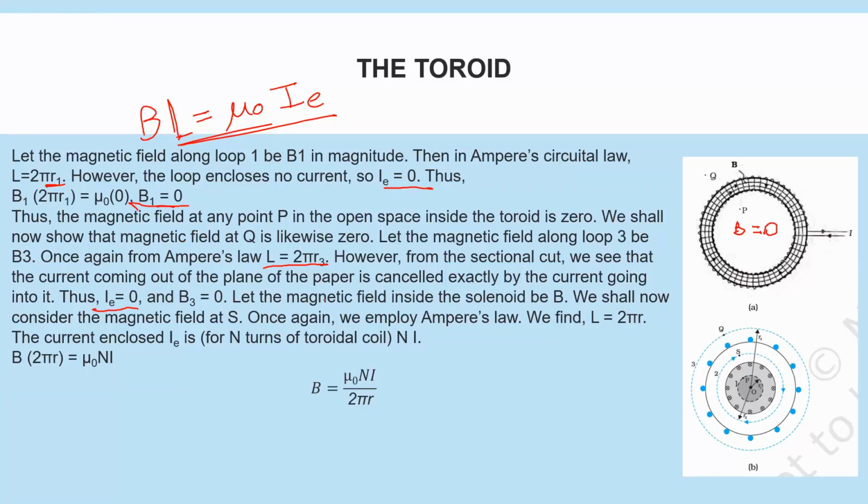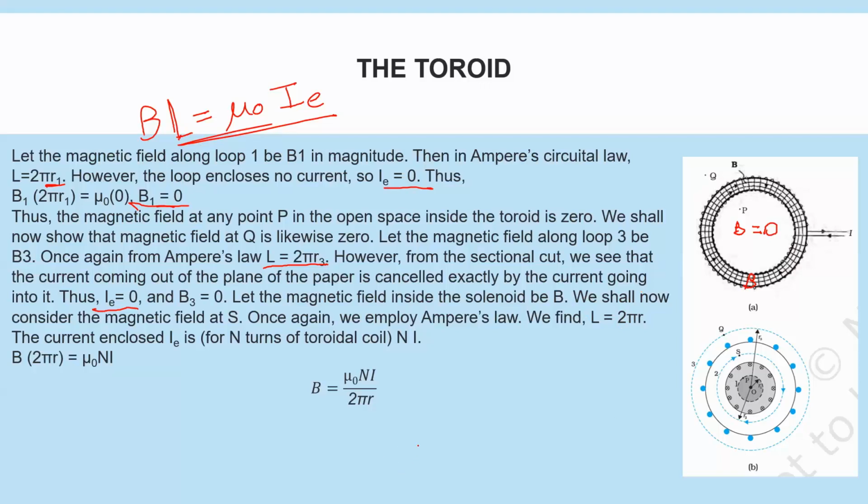Now we are going to consider the magnetic field inside the solenoid, and we will call it B. Again we are going to consider R as the radius of the toroid, and so we will have L equals 2 pi R as the total length.